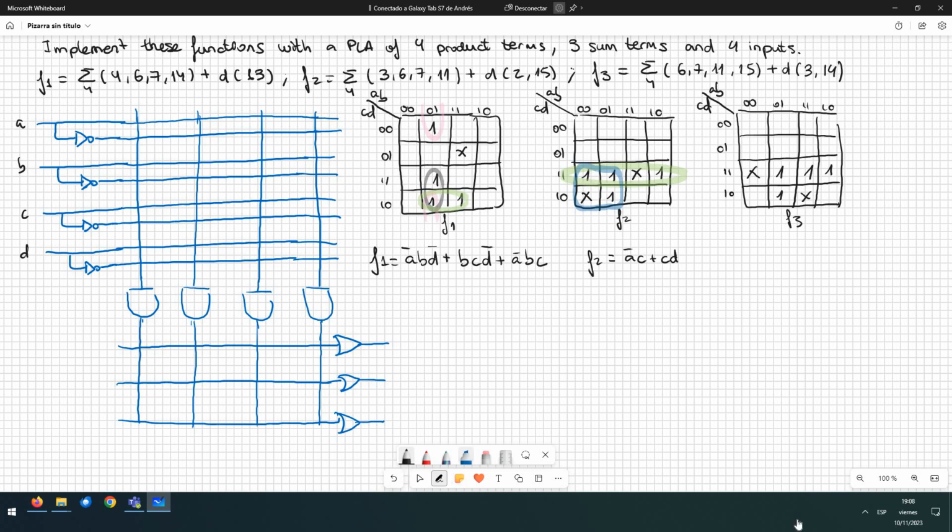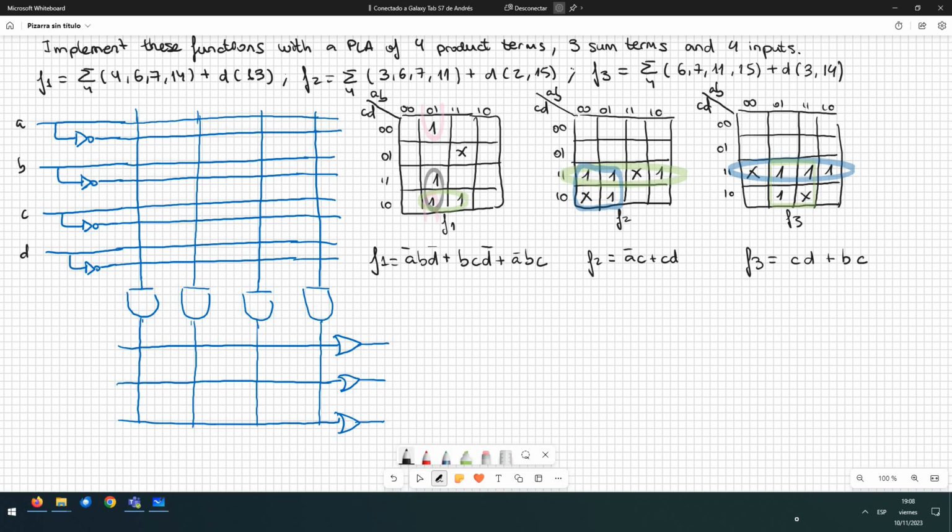And finally, in F3 we can form again these two prime implicants, and we are going to have this CD plus BC. So these are the minimal expressions of the three functions, and we are going to see how many product terms we have in this expression.